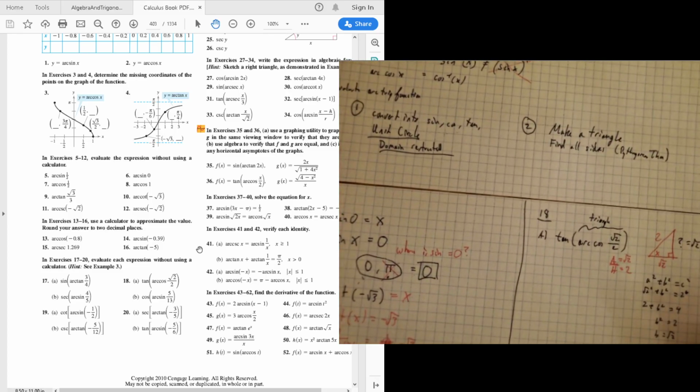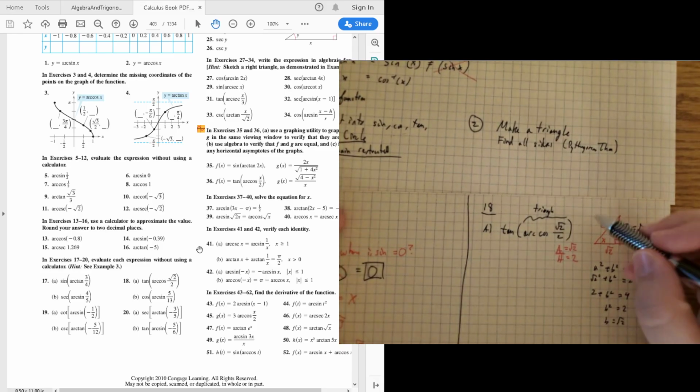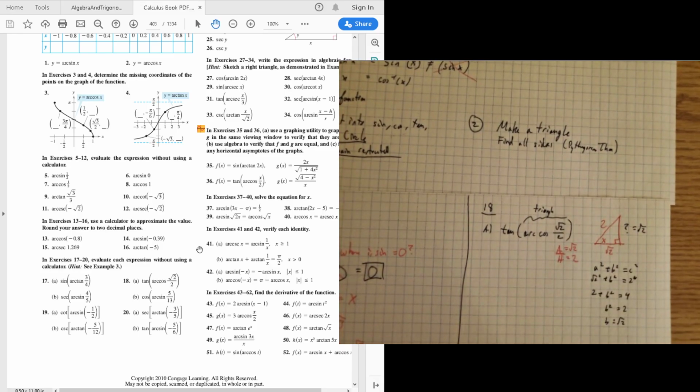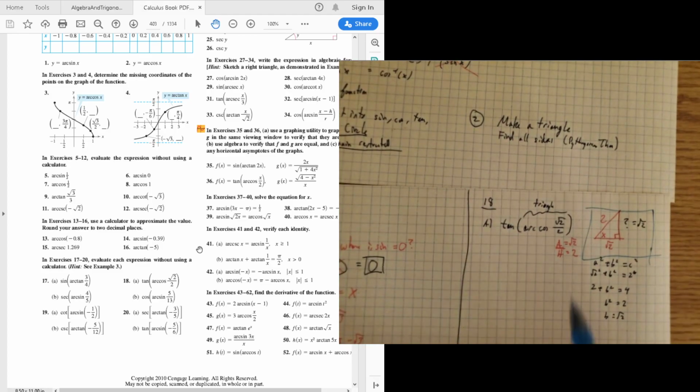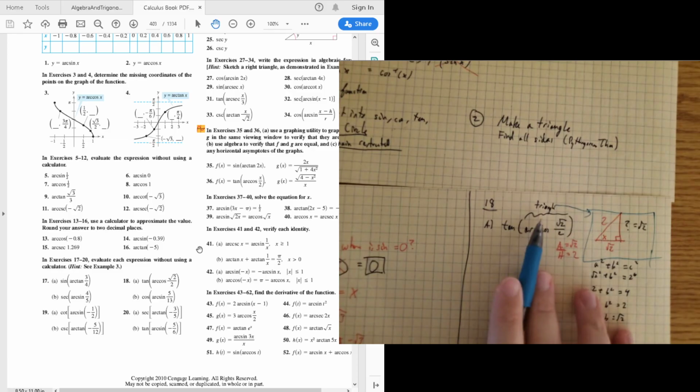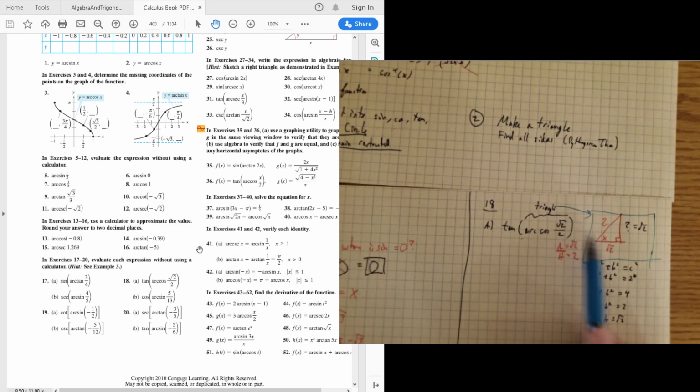So this tells me, in my function, that I have this triangle in the problem. This triangle is the one created by arc cosine of square root 2 over 2. Again, the inner piece tells me to make a triangle where the adjacent is square root of 2 and the hypotenuse is 2, and because of that, we can find the missing side using Pythagorean's theorem.